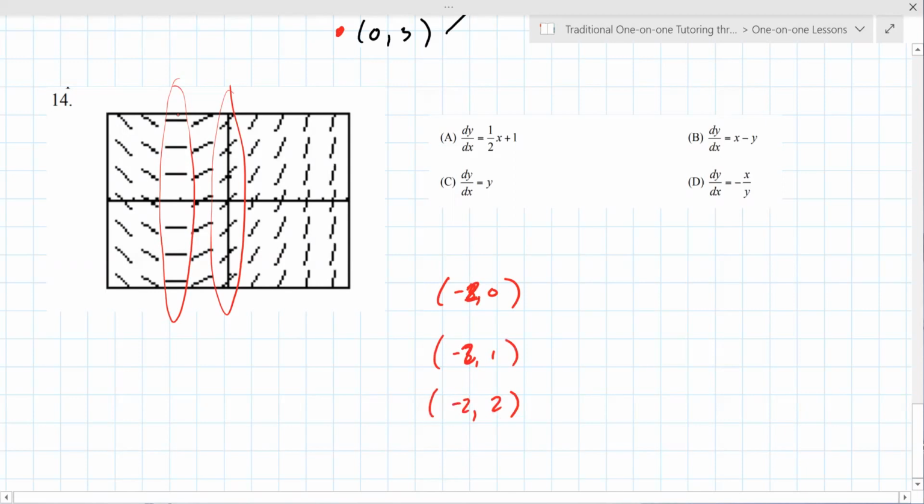So you plug in. Sometimes it's can you eliminate any of them? So you're plugging in the X value into this?